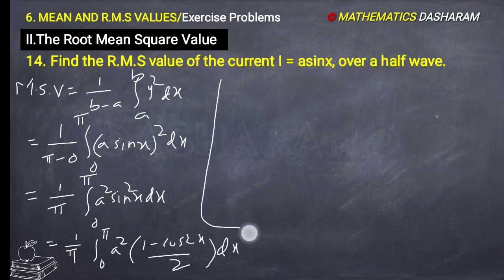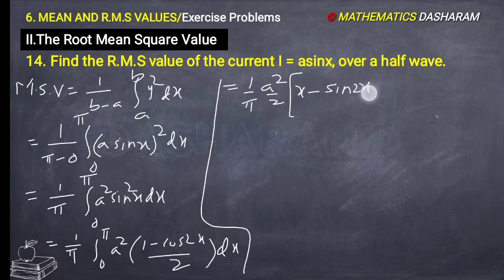So it is equals to 1 by pi. Here a square is a constant, a square by 2 is a constant, so integration of 1 is x and integration of cos 2x is sin 2x divided by 2, 0 to pi.